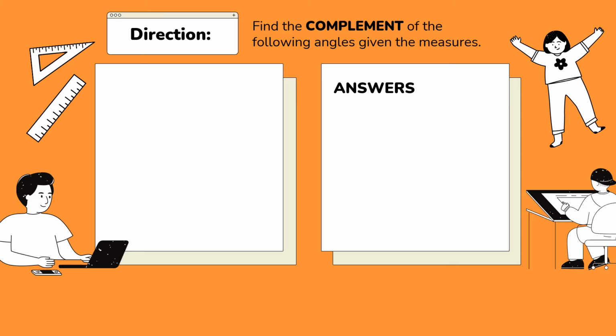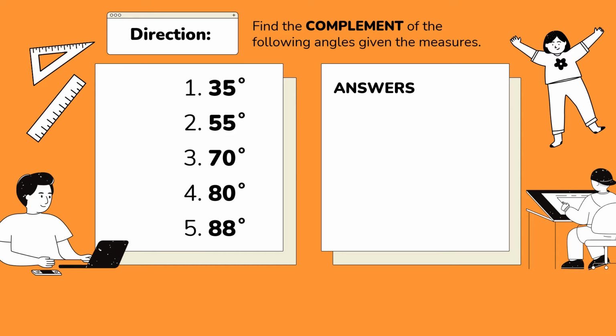Next, now you're going to find the complement of the following angles given the following measures. For number 1, 35 degrees; number 2, 55 degrees; number 3, 70 degrees; number 4, 80 degrees; number 5, 88 degrees. I'll be giving you 10 seconds to get their complements. 10, 9, 8, 7, 6, 5, 4, 3, 2, and 1.